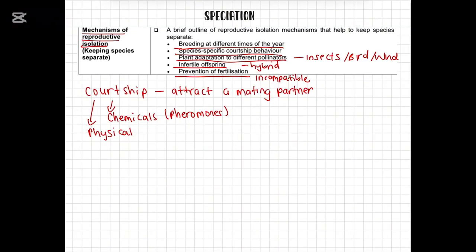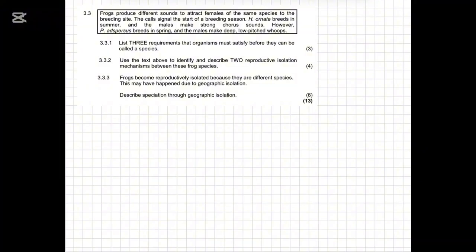Let's look at an exam paper. They say frogs produce different sounds to attract females of the same species to the breeding sites. The call signals the start of breeding season. H. ornate breeds in summer, and the males make a strong chorus sound. However, P. adspersus breeds in spring, and the males make a deep, low-pitched whoop.